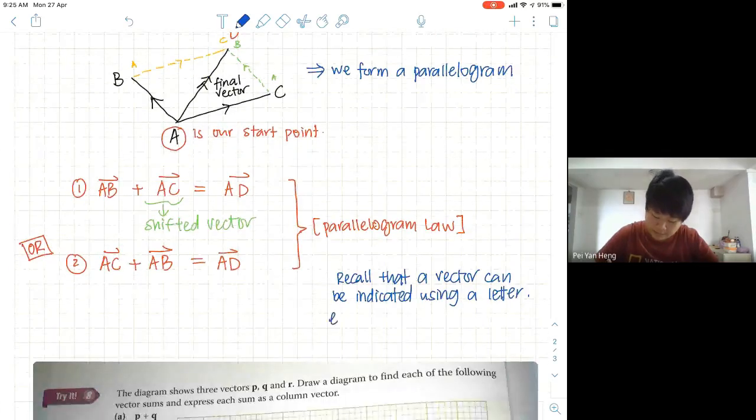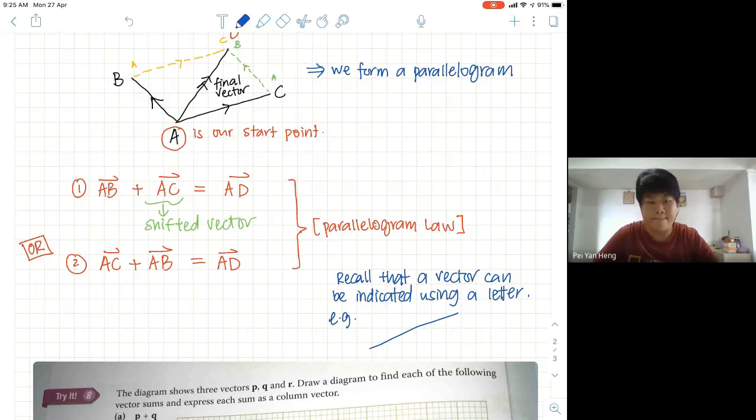Example, let's say this vector is called vector A. So that means this line here with this direction is known as vector A. You all remember this, right? I talked about this the last lesson.